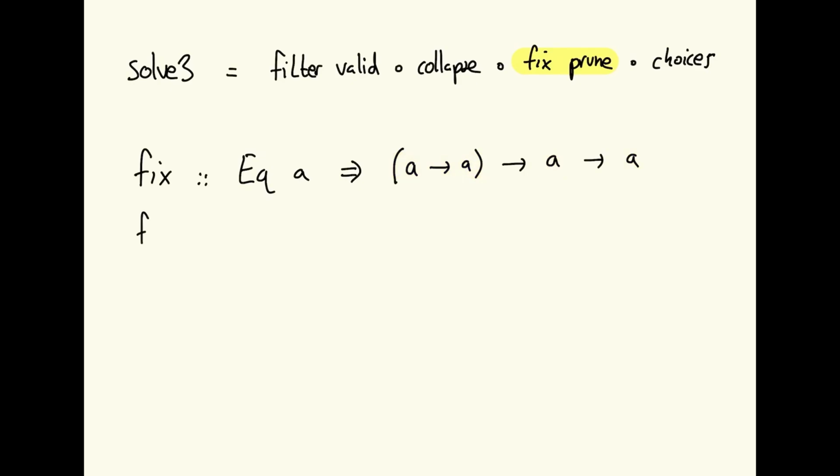Well, you give fix a function like prune, you give it an argument, and that will be, in our case, a choice matrix. And we're going to do a little equality test here. So let me just write down the definition, and then I'll explain how it works.